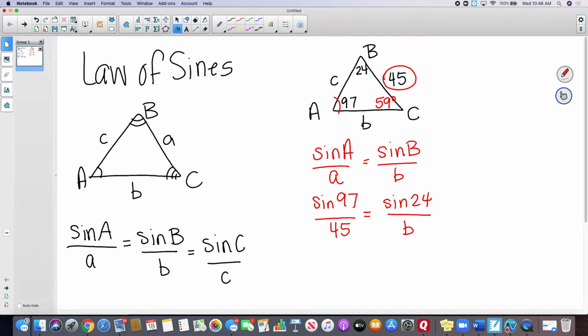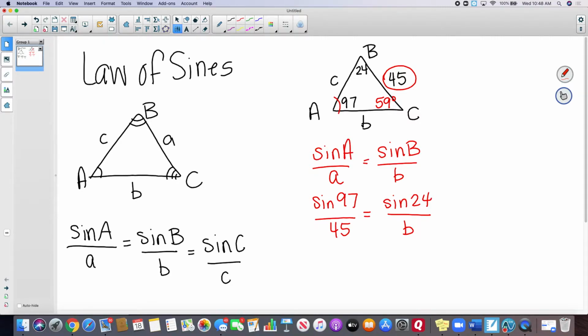You need to plug it in where you have one unknown. So we're going to cross multiply: b sine 97 equals 45 sine 24.